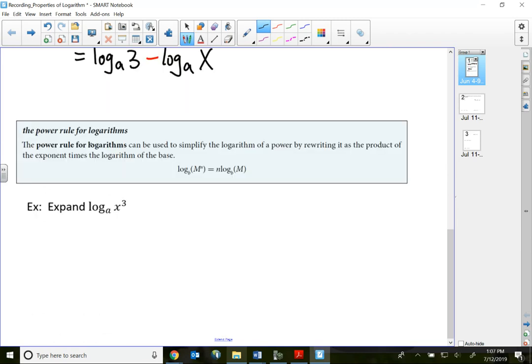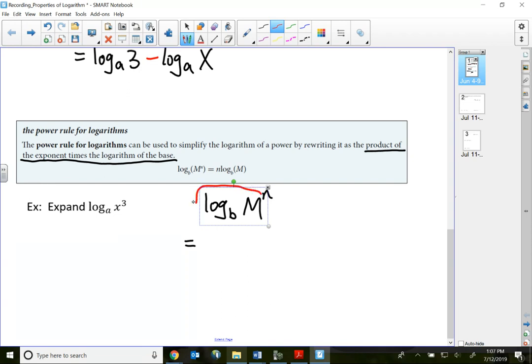All right. The power rule for logarithms is very interesting. We can actually rewrite it as a product of the exponent times the logarithm of the base. So if I have a log with a base b of m to some kind of exponent n, then by the power rule, I can write it as a product of the exponent times the logarithm with the base.